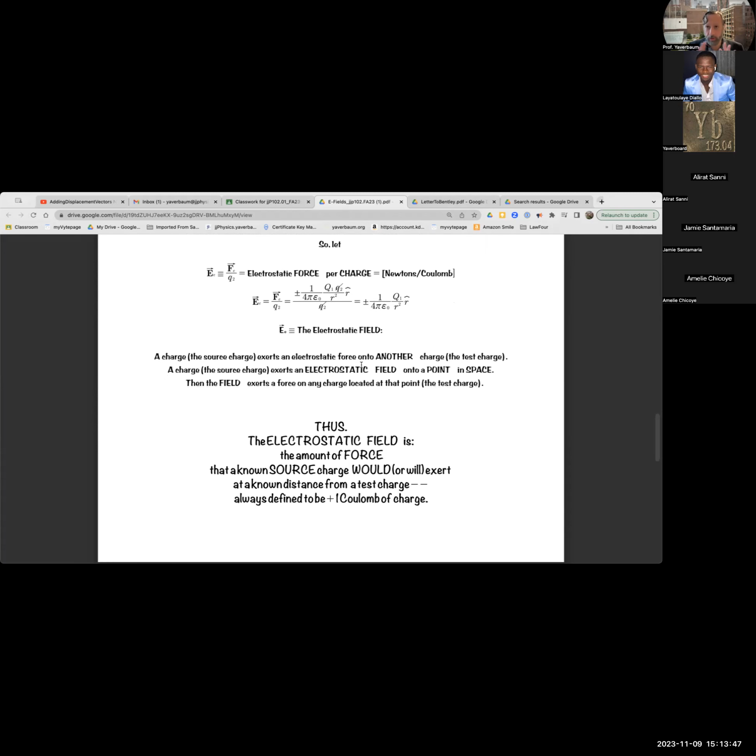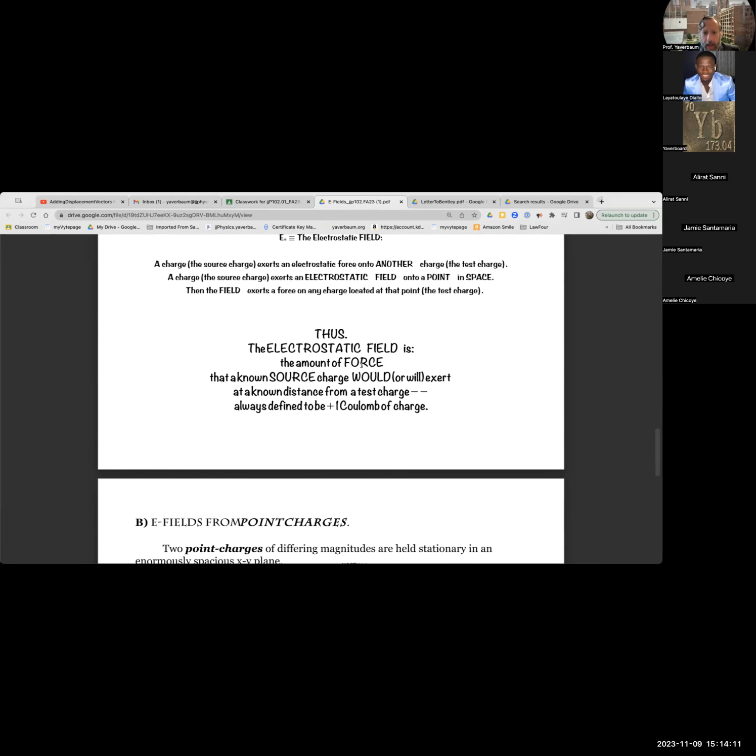So in some ways, the purpose of these repetitive calculations was to get us to see that the electrostatic field is an advanced computation on electrostatic force. As we decided last week, the electrostatic field is the amount of force that a known source charge would exert at a known distance from.